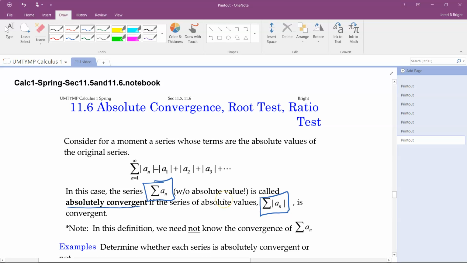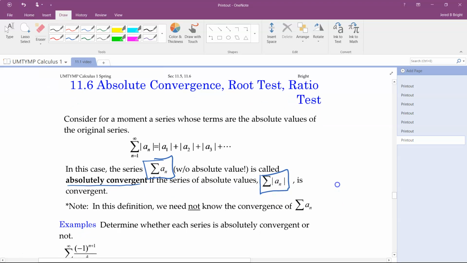So "absolutely convergent" does not include the absolute value signs. Also, just know that these things don't go hand in hand. If we have that a series is absolutely convergent, we don't actually know if the series is convergent without the absolute values. So just be aware of that.